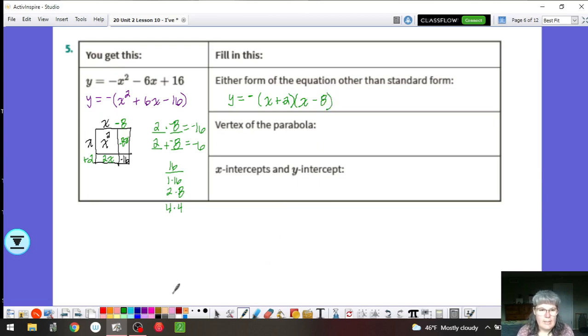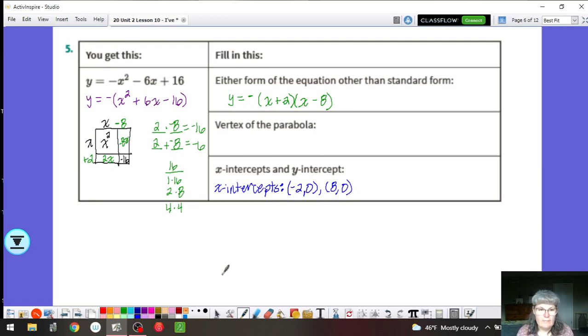So we can go ahead and identify the x-intercepts from the factored form. Those are negative 2, 0, and 8, 0.